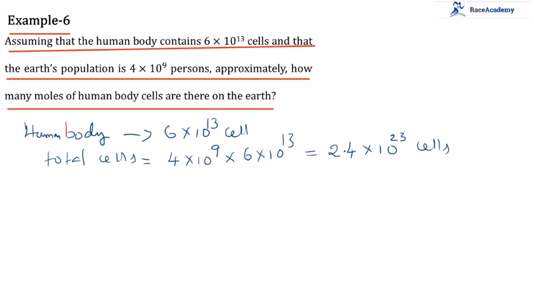Then they are asking how many moles of human body cells are there on the earth. You know the number of moles formula: number of moles is available cells divided by Avogadro number.